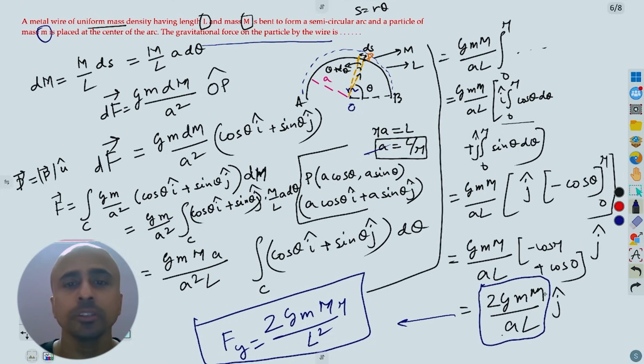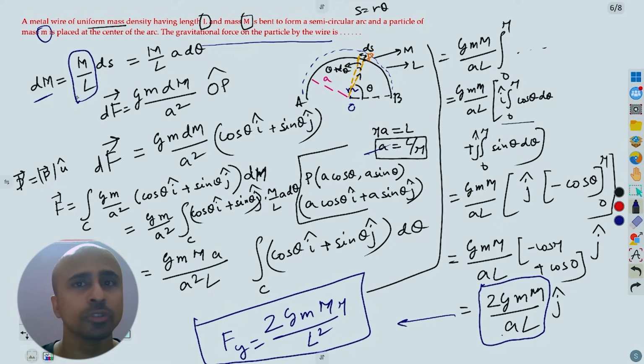So let me repeat once again what I did here. First, I took a very small segment from this circular wire, okay? I named it ds, a very small element. I assumed the mass of the small segment is dm. So what will be the mass? Since the mass density is uniform, only then it can be written in this way, otherwise it cannot.